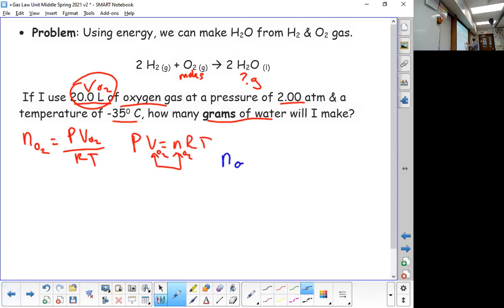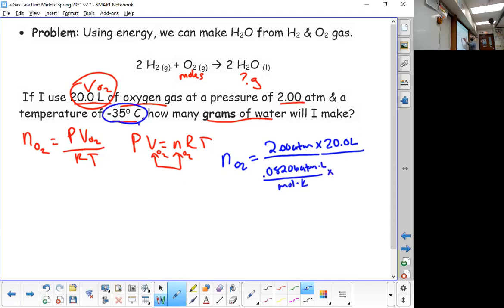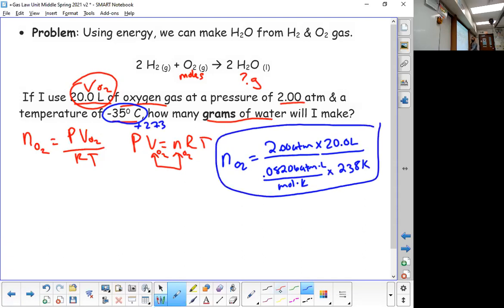So moles of O2, we've got 2.00 atmospheres times 20.0 liters over 0.08206 atmosphere liters per mole per Kelvin times negative 35 plus 273. You're going to get 238 Kelvin. Always and forever for gas law problems, temperature has to be in Kelvin because that's proportional to the kinetic energy.